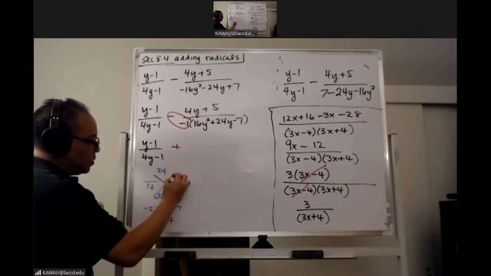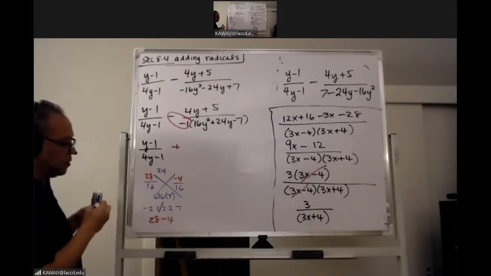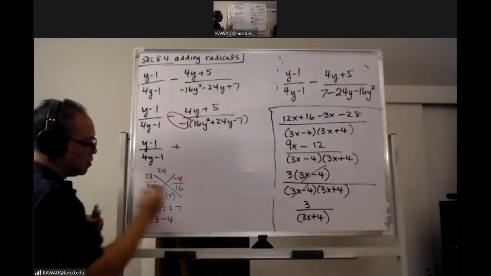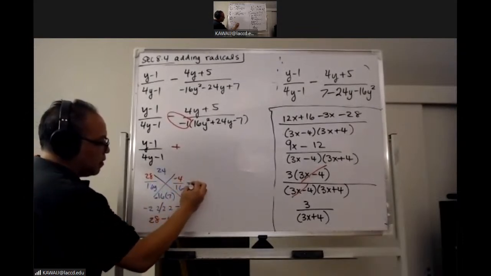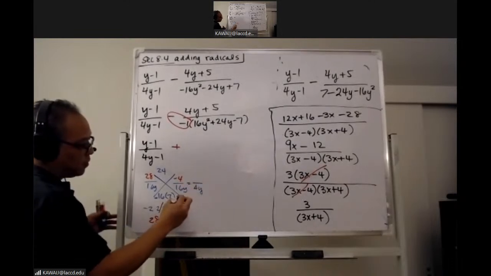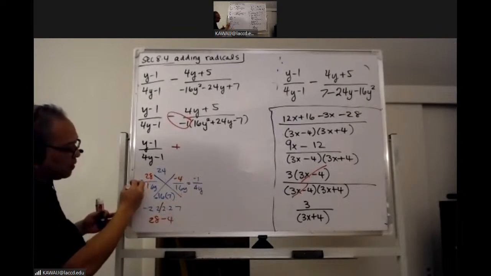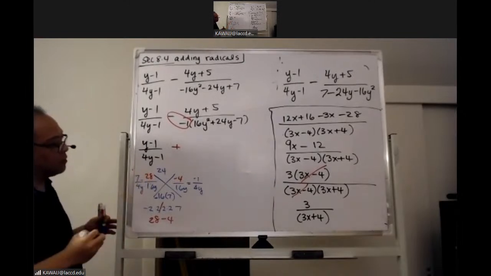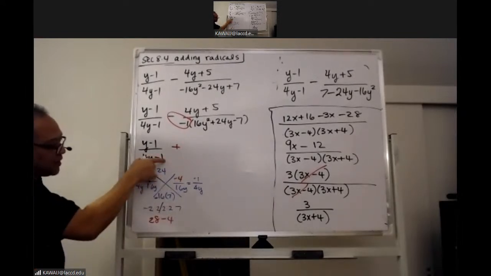So minus 4, 28. And this looks like 4y over minus 1. And then this one looks like 4y over 7, which is good because then I have something that's right from right there.